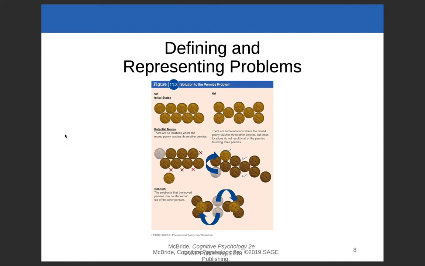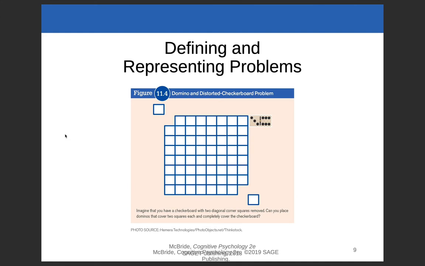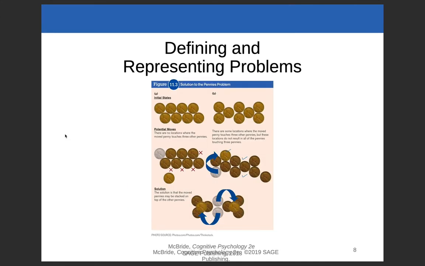Basically, the solution is to lift 2 pennies and place them on top of 3 other pennies. And what you end up with is a situation where each penny is touching 3 and only 3 other pennies. The reason people don't see this is because, well, we'll talk about that a little bit later.